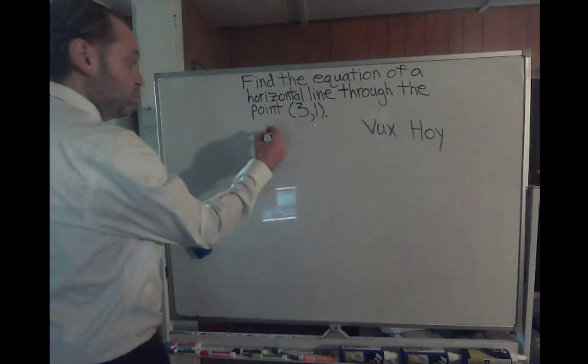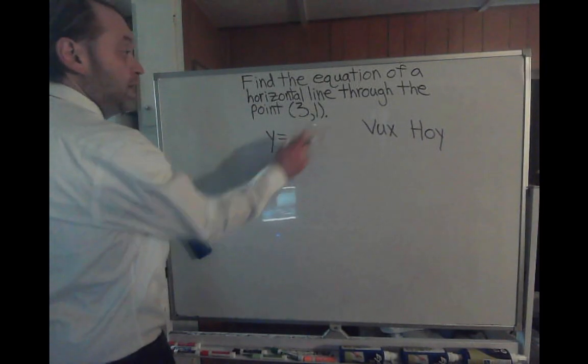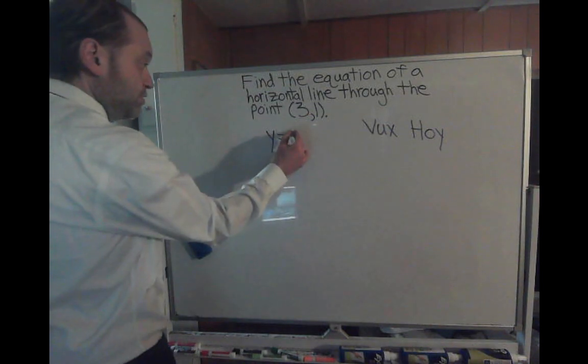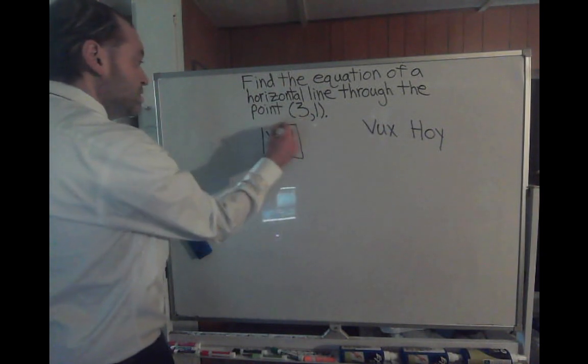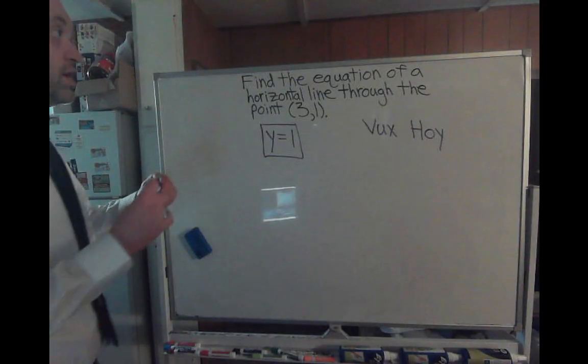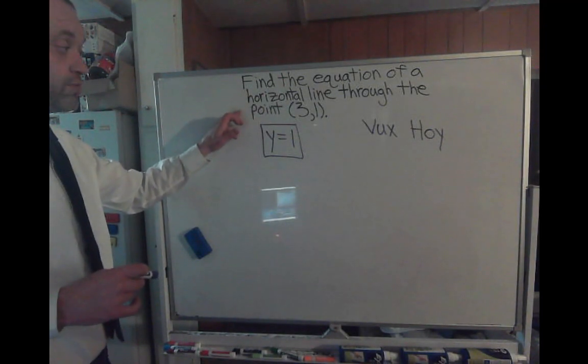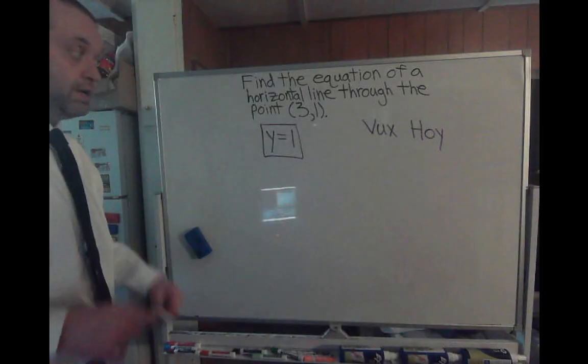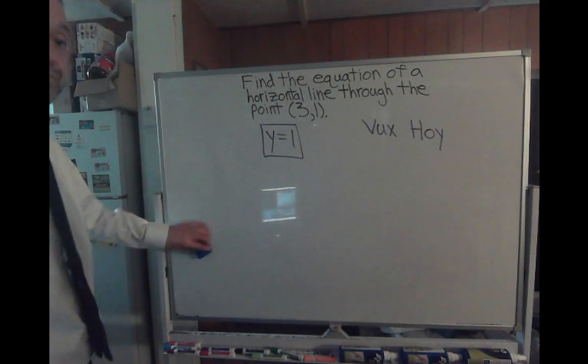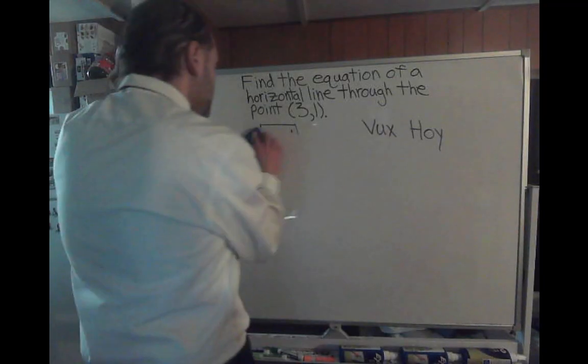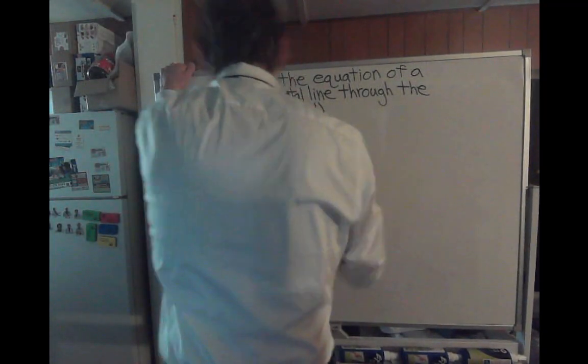So you just take y and set it equal to the y-coordinate of the point it passes through, which would be 1. So the equation of the horizontal line through the point (3, 1) is just y equals 1. That's all that would be. All right, I think we're ready to move on to some other exercises here.